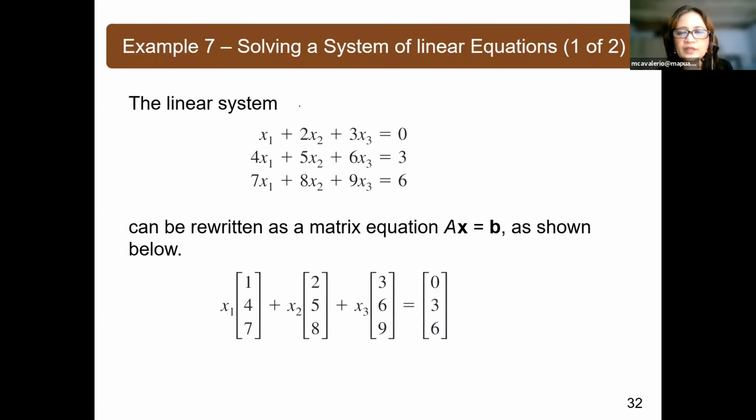For example, let us solve a system of linear equations. So we will have the linear system that consists of 3 equations in 3 unknowns. We can actually express it as a linear combination.